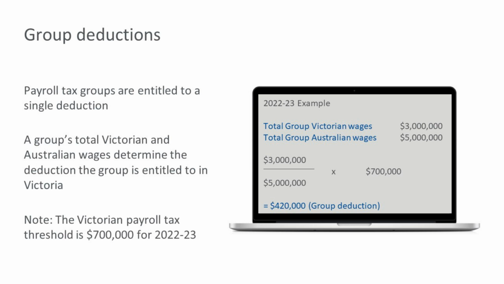The example on your screen is for a group that employs in Victoria and in other states and territories, and assumes the group has employed for the full financial year.